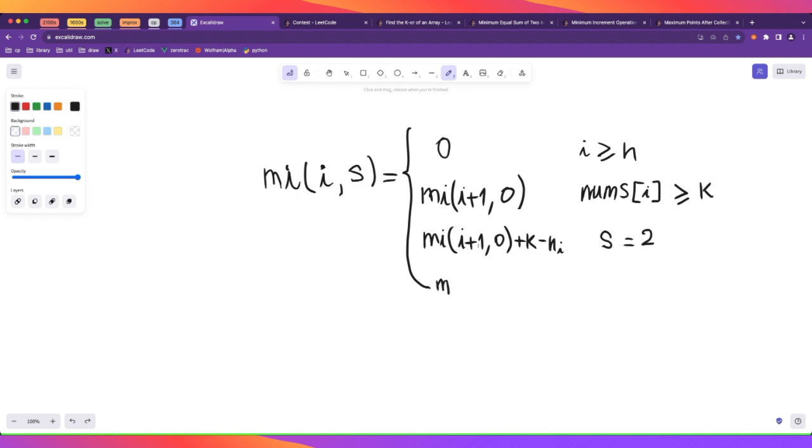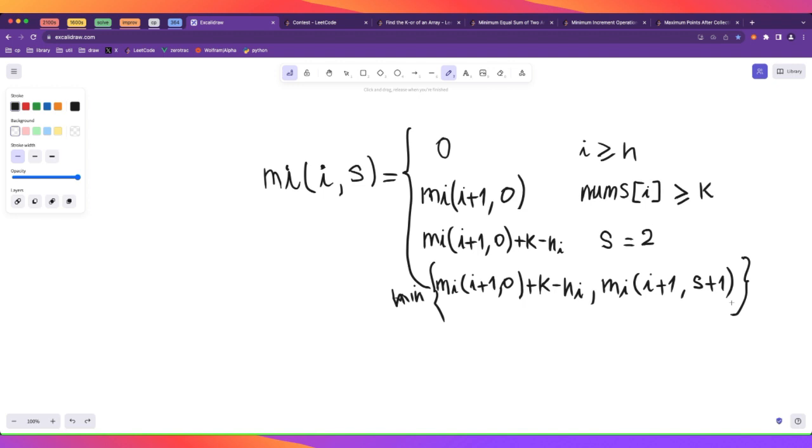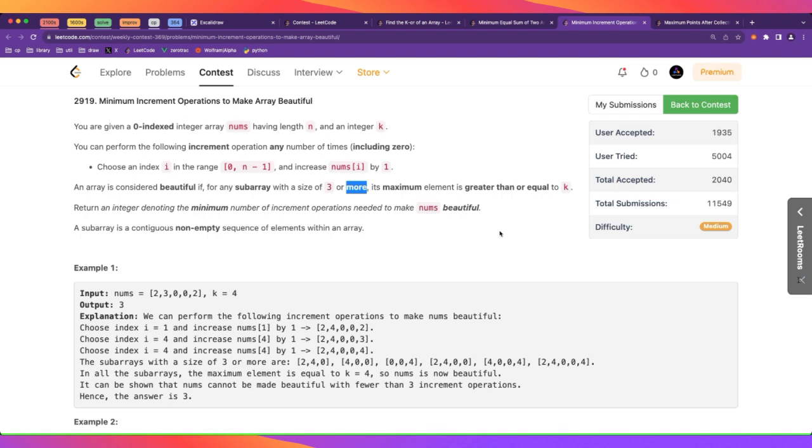Otherwise, we have 2 cases, so we take the minimum of the case where we increment it, and the case where we don't increment it, so we increase the streak by 1. This is the solution, the recurrence.